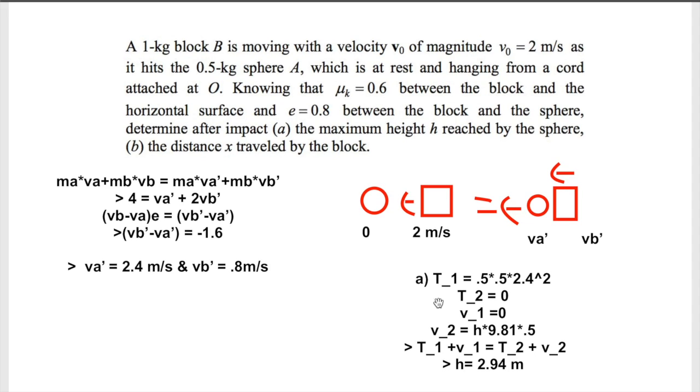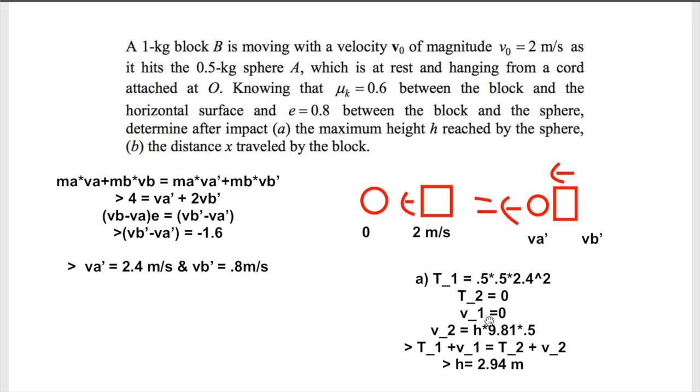To solve the rest of part A for the height, we know that the kinetic energy after the hit is 1/2 mass times 2.4 squared. At the max, the kinetic energy is 0.